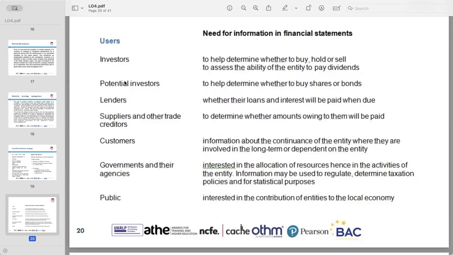Governments, government agencies and the public use financial information for regulatory purposes, government tax policies and economic analysis, contributing to transparency and accountability in the business environment. The public is interested in the contribution of entities to the local economy.